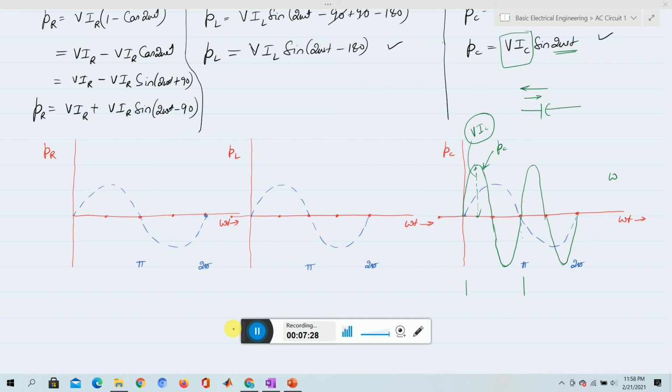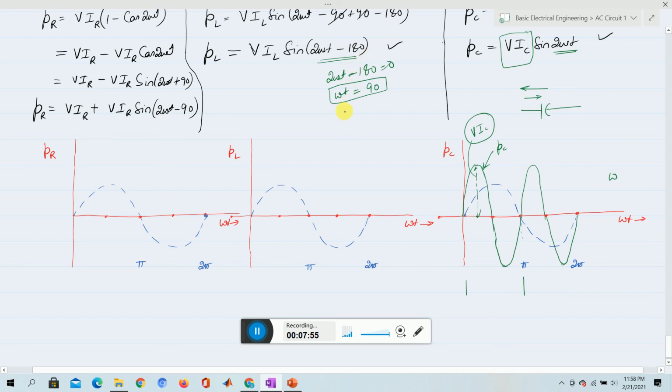Now for this value of PL, this term is minus 180 degree, and if we take this term equal to 0, we can know when this waveform is going to start. So from here we get omega t equals 90 degree. In 2 omega, double the frequency, it is subtracted by 180.